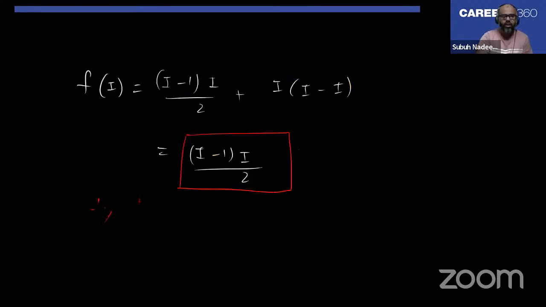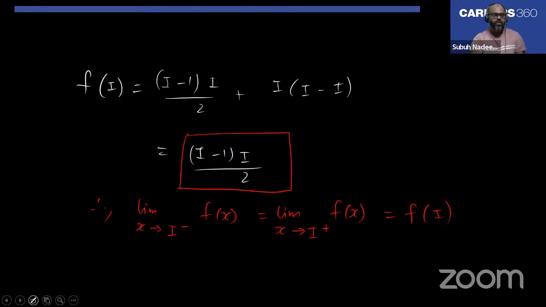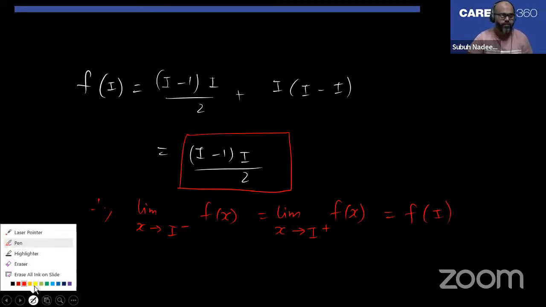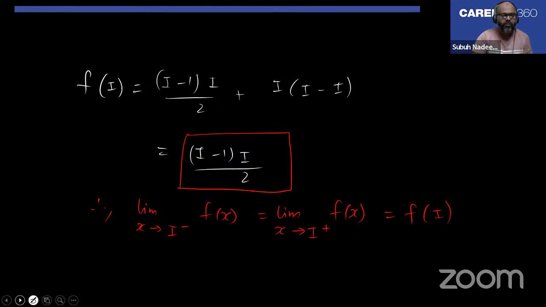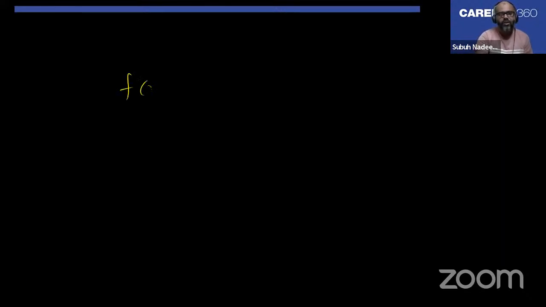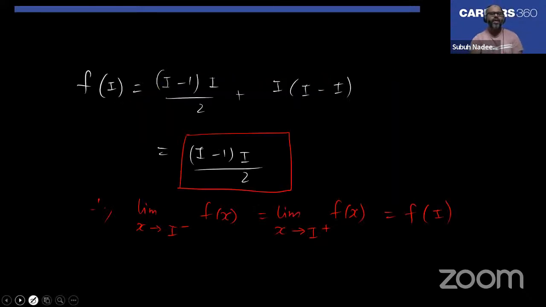So therefore, limit x approaching i minus f(x) is equal to limit x approaching i plus f(x) is equal to f(i), which means that this function is continuous in (0, infinity), because this continuity could be at greatest integer points, integral points.